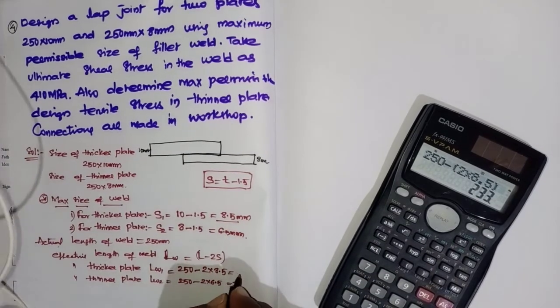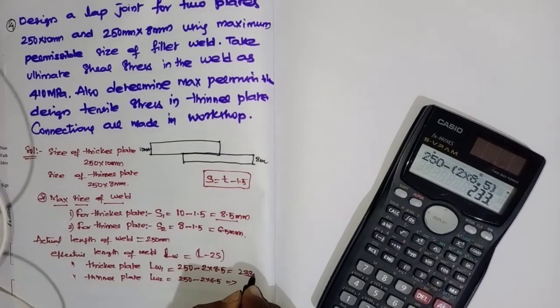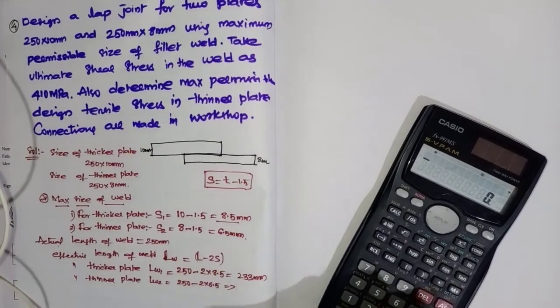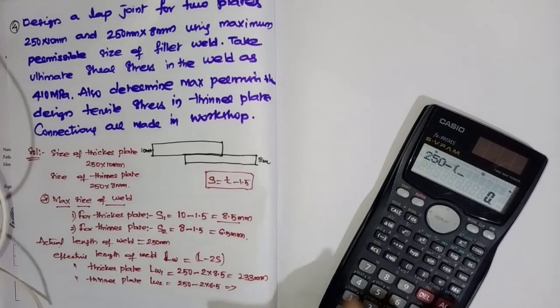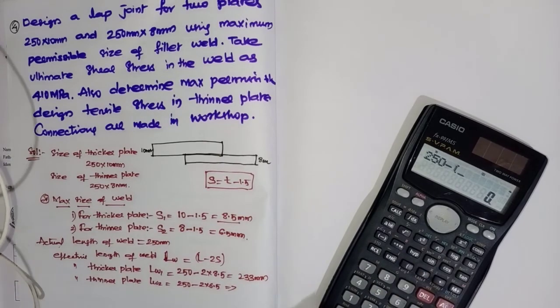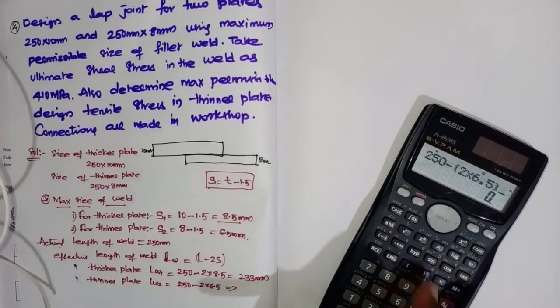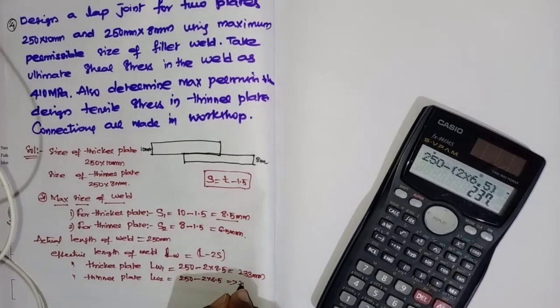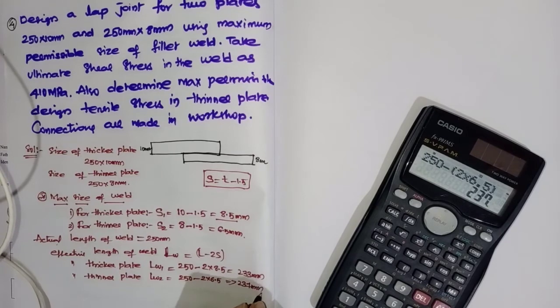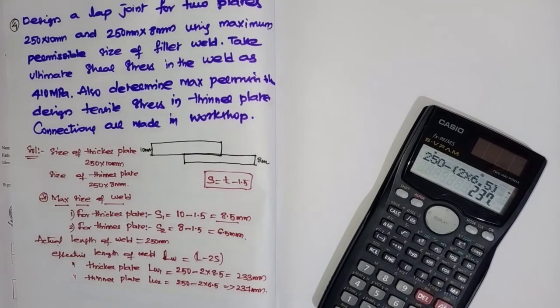It is 233. Next, 250 minus 2 into 6.5, it is 237 mm, right?